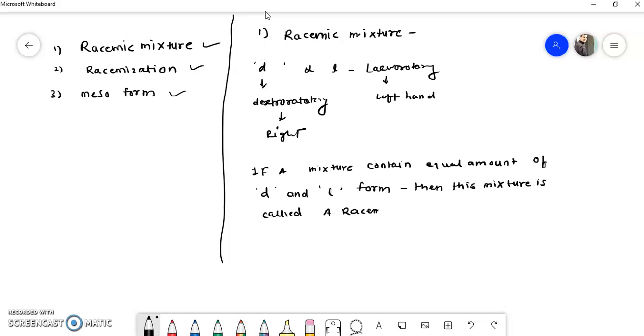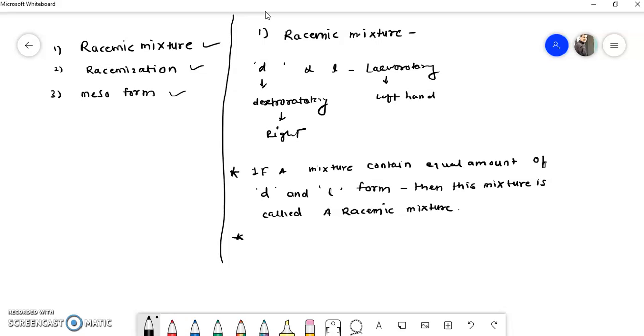I will once again explain. A D form means dextrorotatory, which rotates the plane polarized light to the right side, and levorotatory rotates it to the left side. But if a mixture contains equal amounts of D and L form, then this mixture is called a racemic mixture. So what is a racemic mixture? A mixture which contains equal amounts of D and L form.